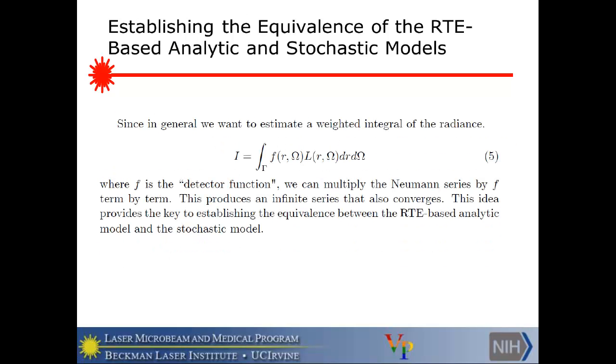So I is the quantity you're trying to estimate. F is the detector function. You multiply that series term by f and add, and you're guaranteed that it converges. That gives you the key to the equivalence between the RTE-based analytic model, with its equations and F, just analytic quantities, and the stochastic model.